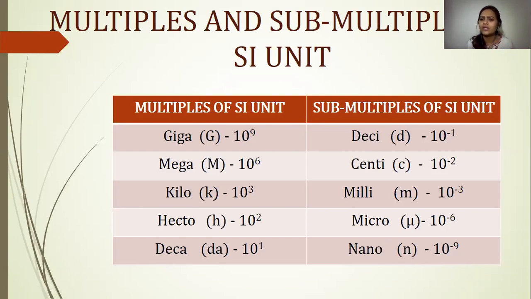The same follows for the others as well. For mega, it is 10 raised to 6, and the exponent over here is 6. When we move on to the right hand side, those are the sub-multiples of the SI unit. Here I see deci, and the number written is 10 raised to minus 1.